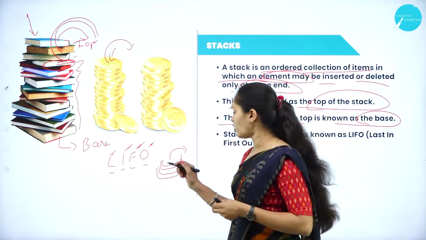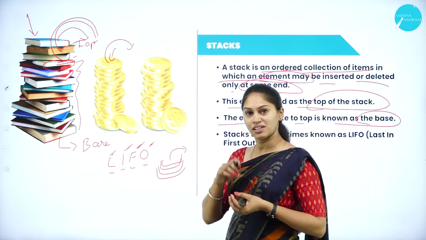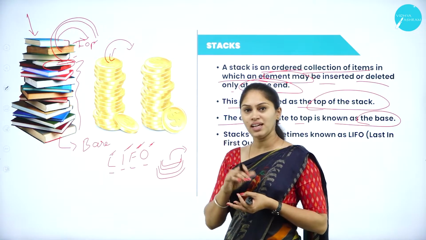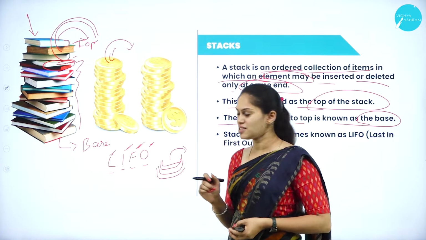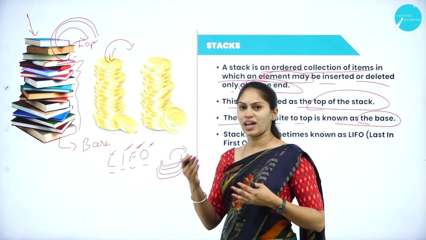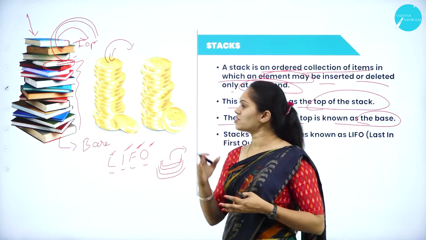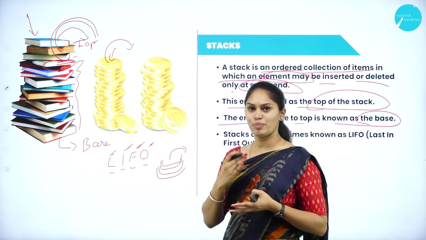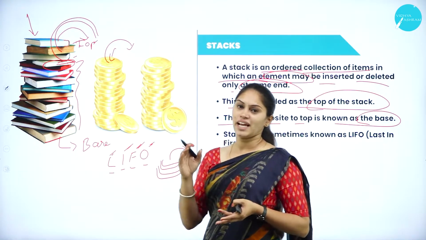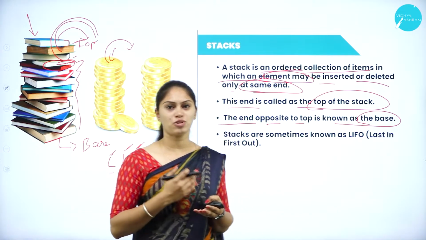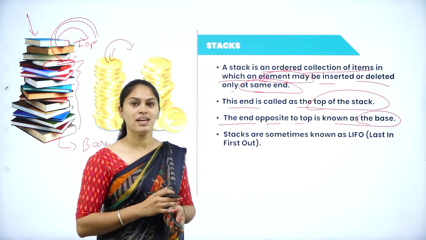The data which is at the top will be removed first. We have stacks of books, stacks of coins, stacks of plates, stacks of trays. That is what you have to understand with real-time examples.